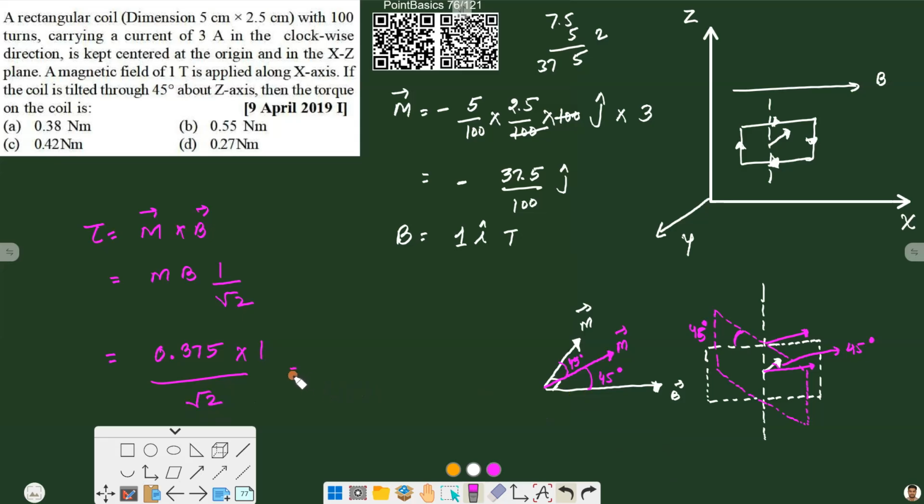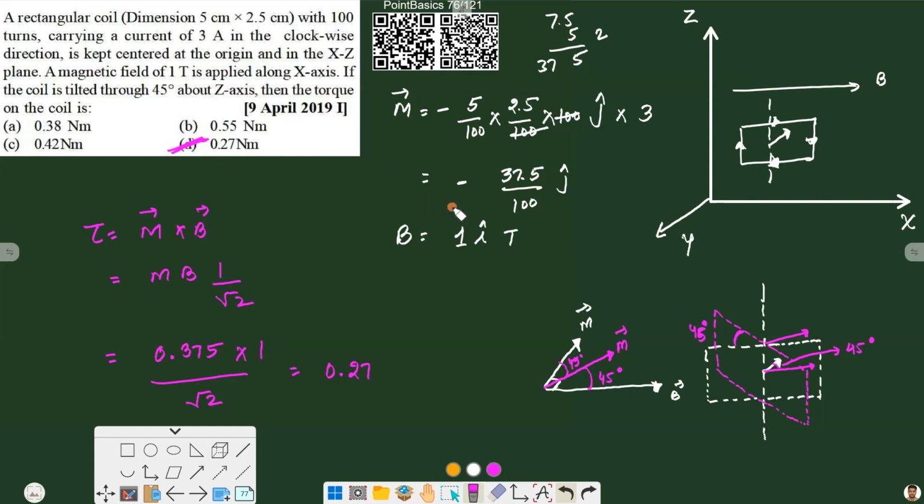And this gives us 0.27. So the torque acting will be 0.27 Newton meter.